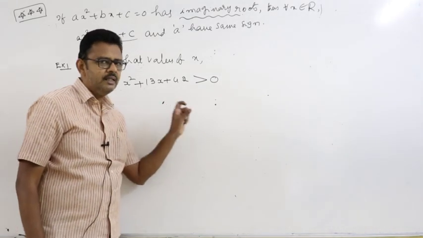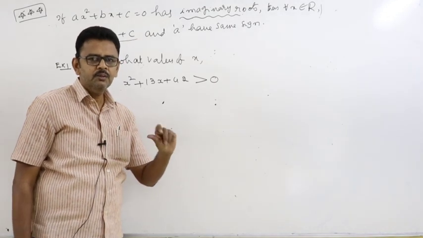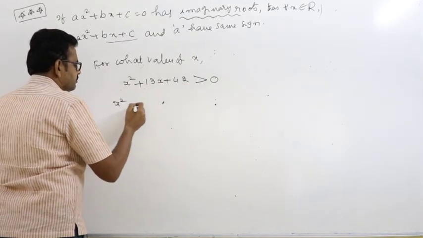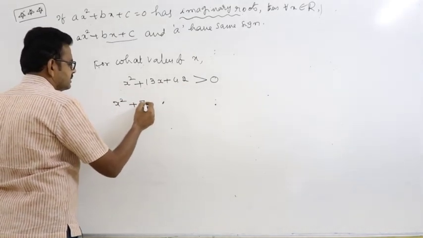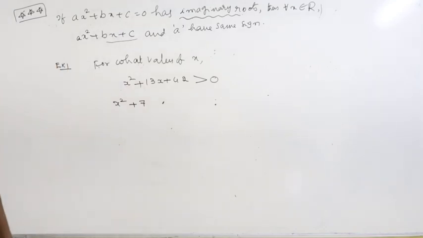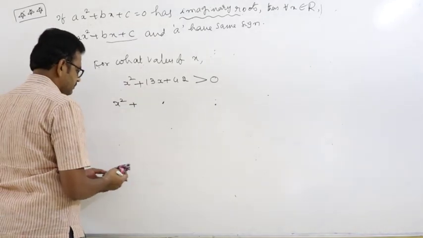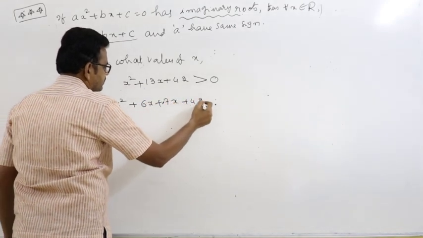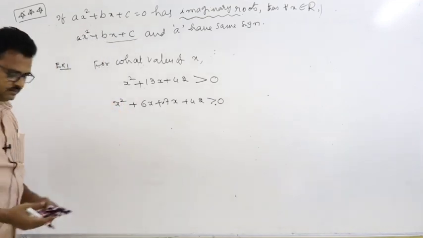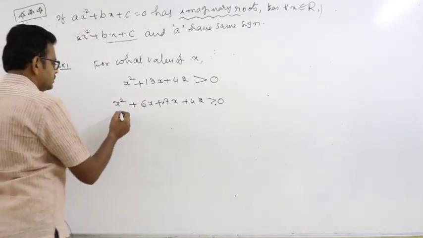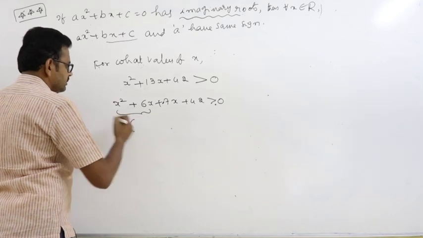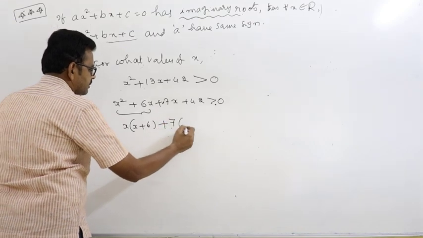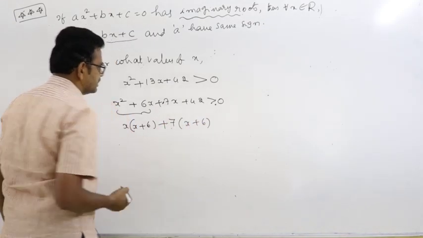Just I can recollect this once again and do some problems. x square plus 13x plus 42 is greater than 0. So, splitting the middle term as 6x plus 7x, I am taking x common, x plus 6, plus 7 common, x plus 6.